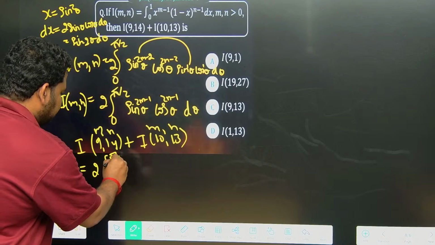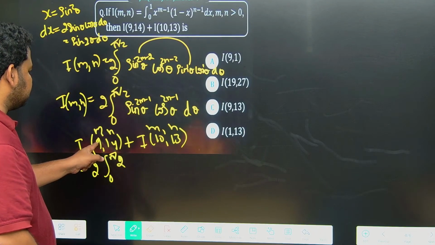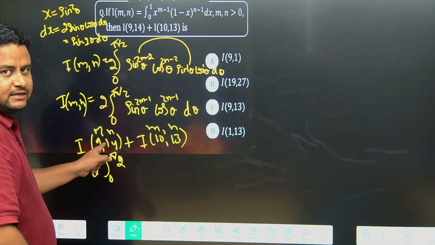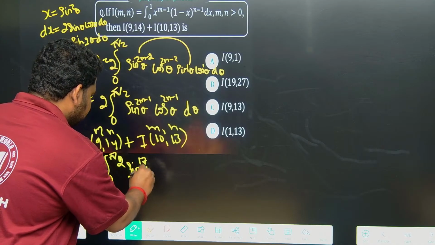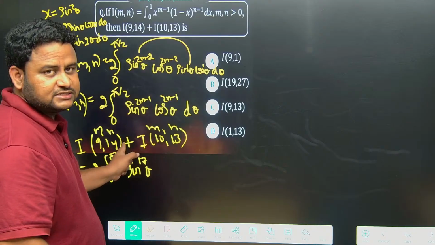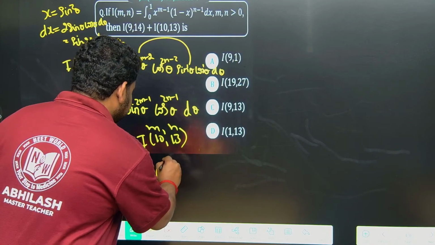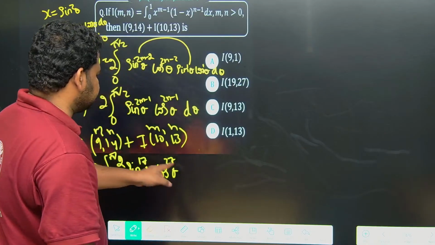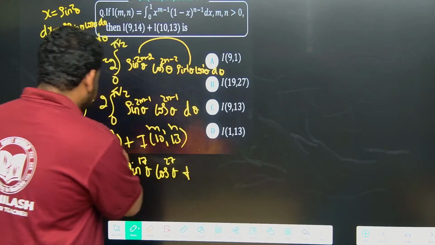Sin to the power of 2m minus 1: 2 into 9 is 18, 18 minus 1 is 17, so sin to the power of 17 theta. Cos to the power of 2 into 14, which is 28, 28 minus 1 is 27, so cos to the power of 27 theta. Okay, this is what we got for I of 9 comma 14.